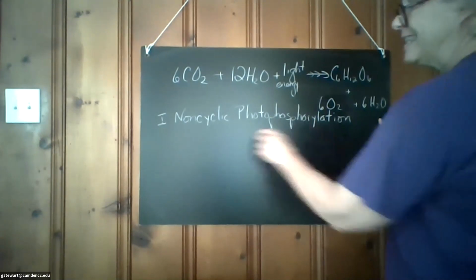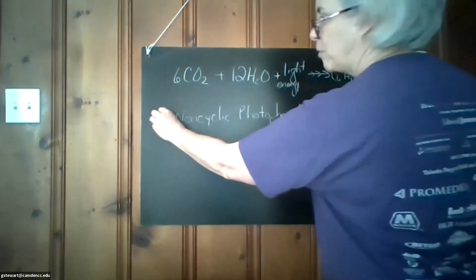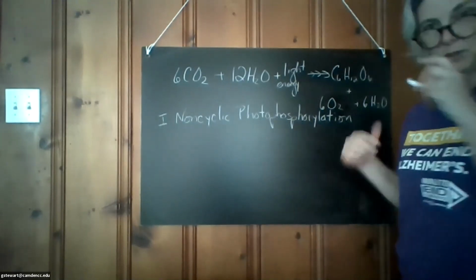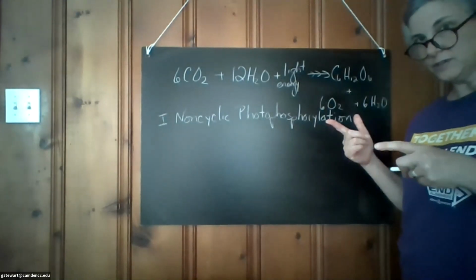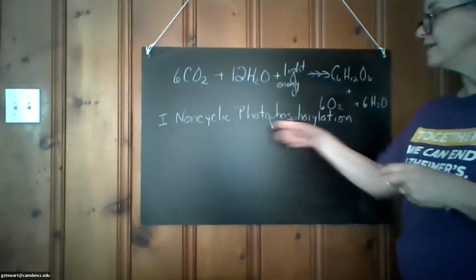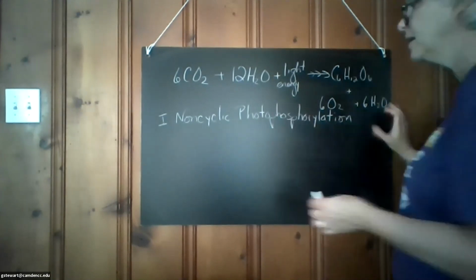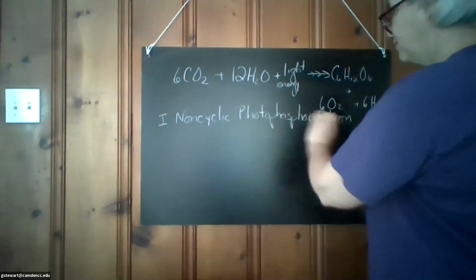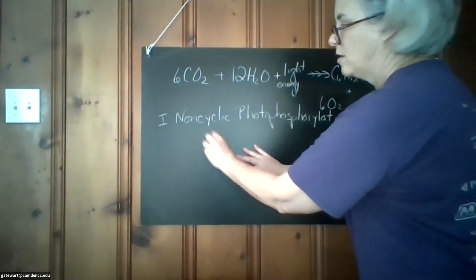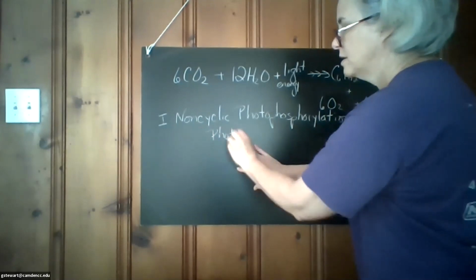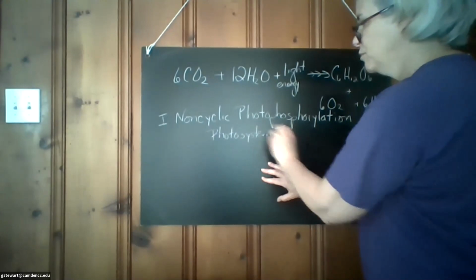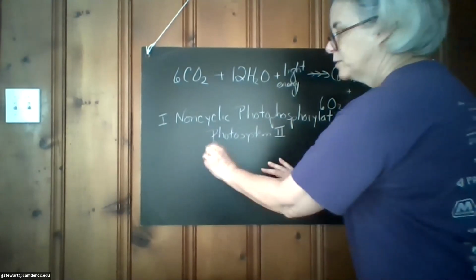Okay. This step 1, this first portion of photosynthesis, sometimes used to be called the light reactions, because this is the portion that involves the light. There are 2 subcomponents to this non-cyclic photophosphorylation, and we call them photosystem 2, Roman numeral 2, like that, and photosystem 1.